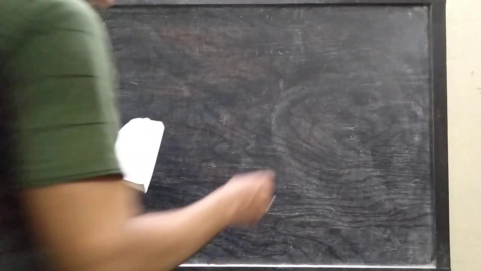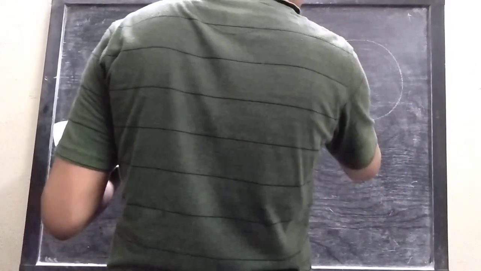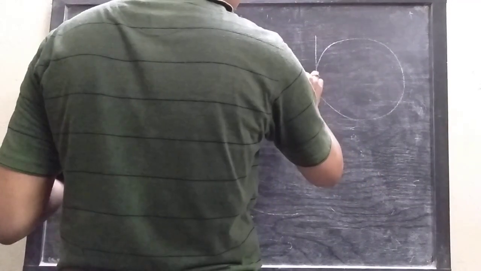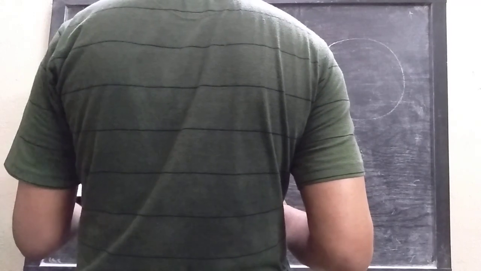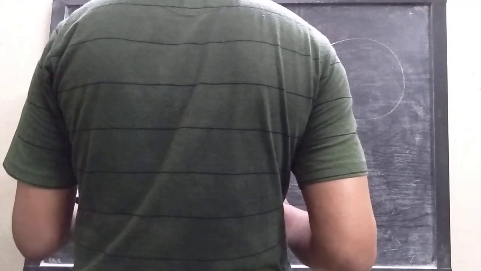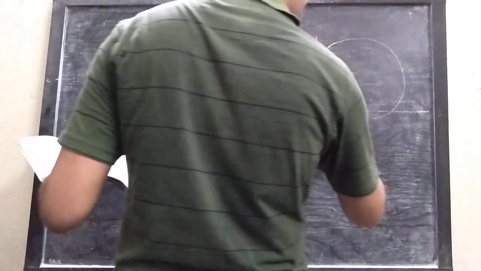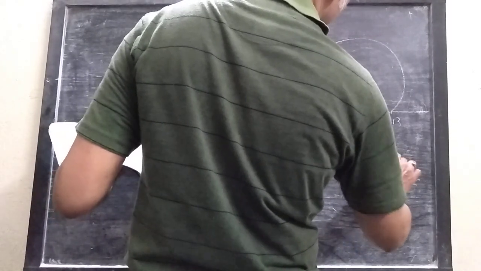The homework is to find the equation of the circle which touches the y axis at (0,4), and makes an intercept of length 6 units on the x axis. If you consider this as A, this as B, then AB is of length 6 units.